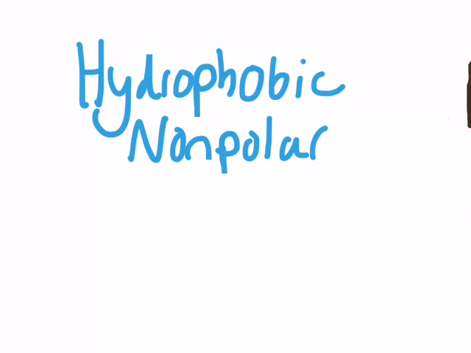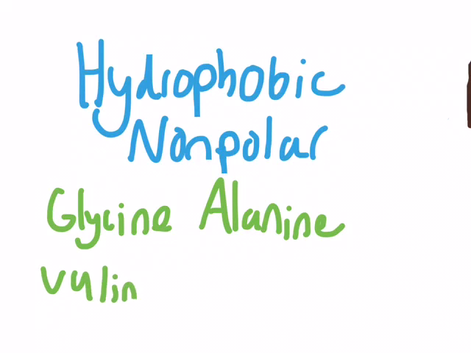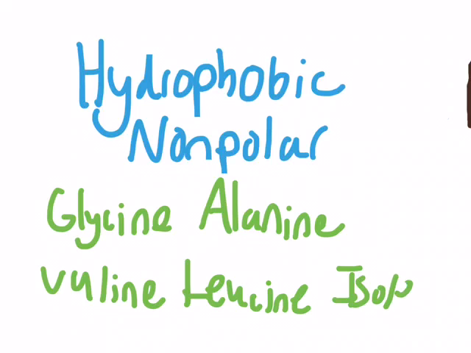So the hydrophobic nonpolar with an alkyl group, there's going to be 7 of them, and they're going to consist of glycine, alanine, valine, leucine, isoleucine, methionine, and proline.